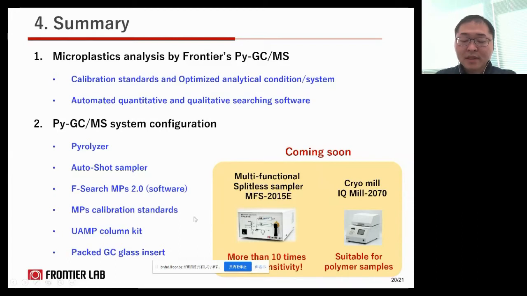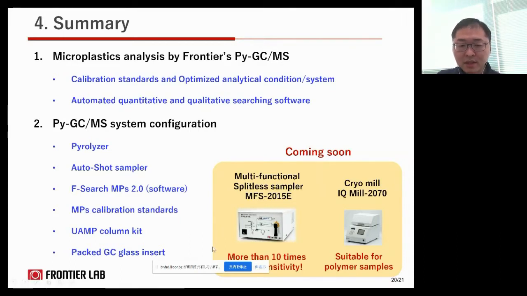Also, there is another challenge, that lots of researchers now want to analyze at the nanogram order. Well, it's quite difficult at this moment, but we are trying to make it happen by developing new optional devices.